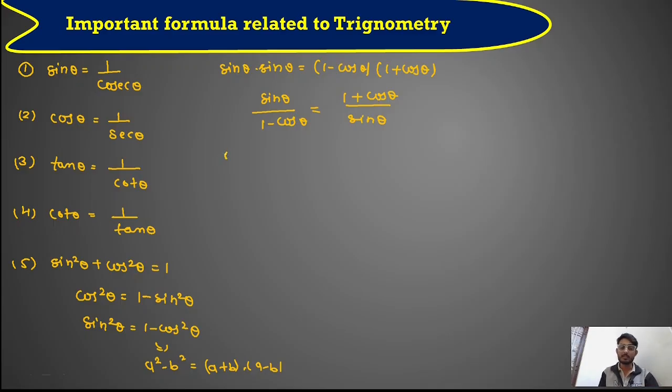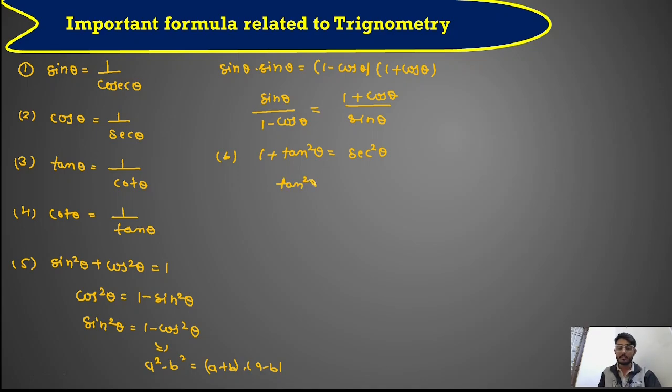Identity number 6 is given as 1 plus tan square theta equals sec square theta. From here you can find another value, tan square theta.